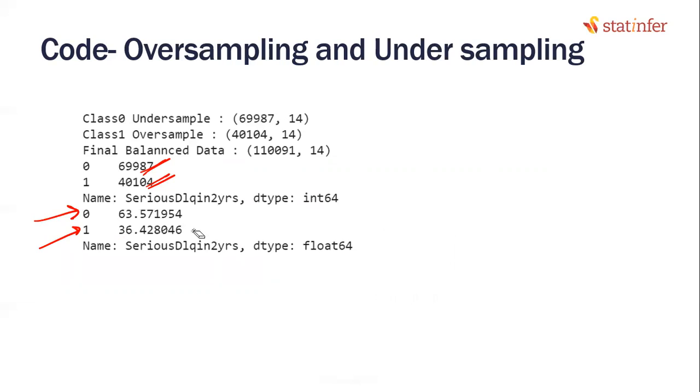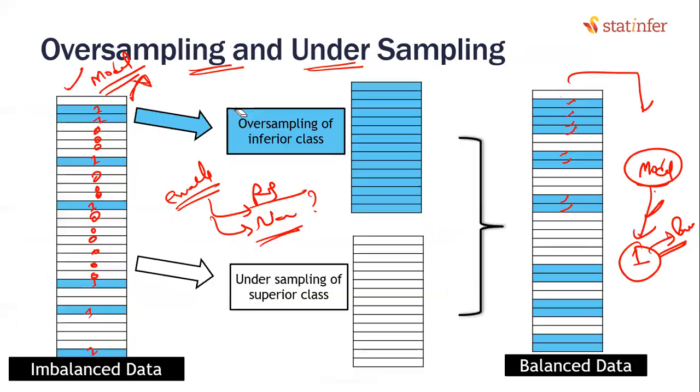And if there's a class imbalance, you can practice this method of oversampling and undersampling. This is a very common practice when we are working on real data sets. Go ahead, execute this oversampling and undersampling exercise.